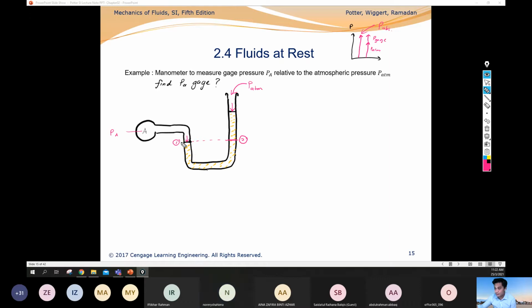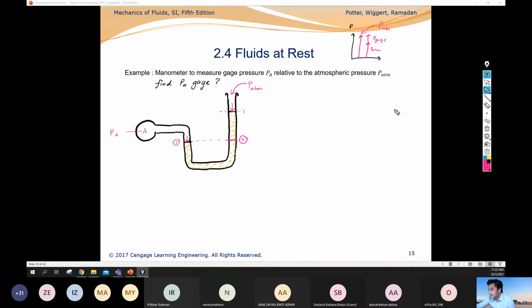So pressure 1, do you think pressure 1 same with pressure 2? Yes. Same. So when the pressure is the same at point 1 and point 2, we can ignore the bottom side. Do you get it? Understand? Yes, doctor. Okay. And then we jump across to this point because we have the pressure at point atmosphere.